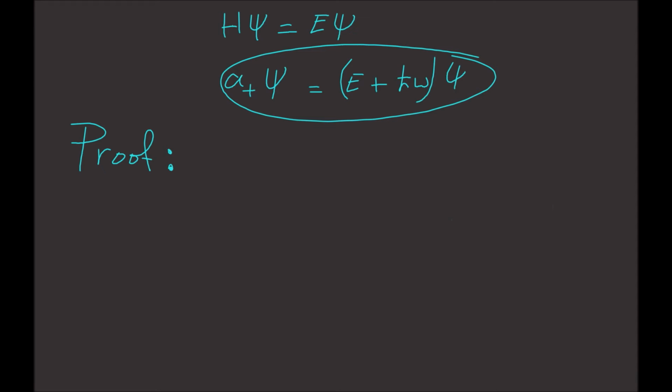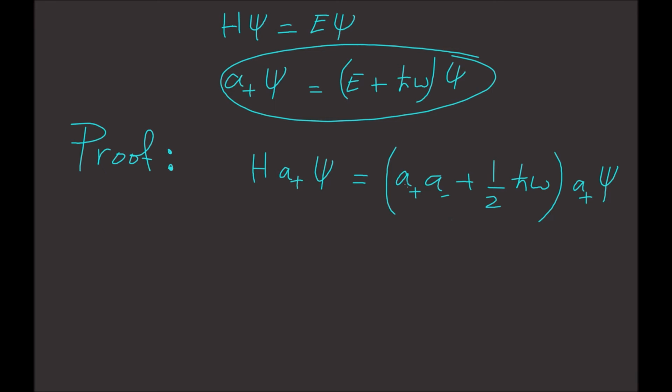Okay, so the proof goes like this. So the Hamiltonian A plus psi is equal, what's the Hamiltonian? The Hamiltonian, we've defined it earlier as A plus A minus plus 1/2 h bar omega. And we're gonna operate on A plus psi, right?